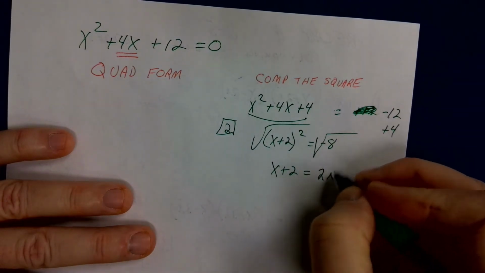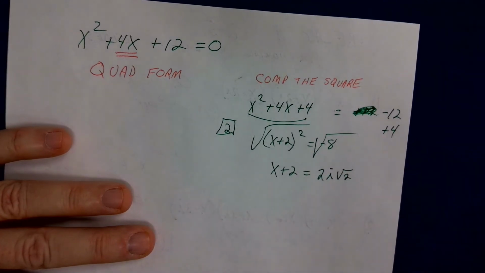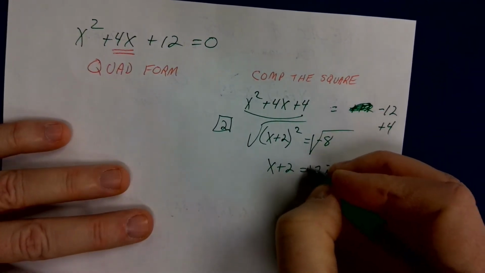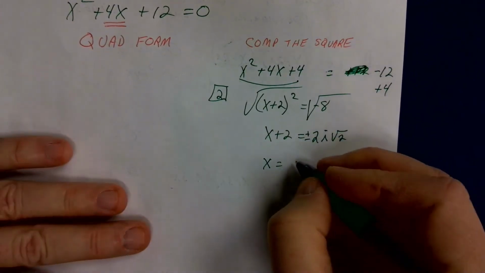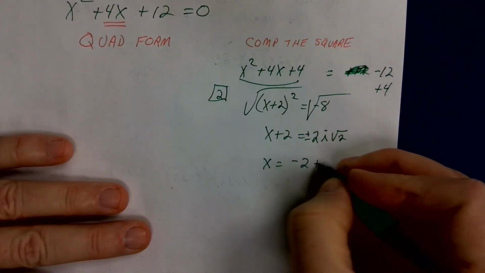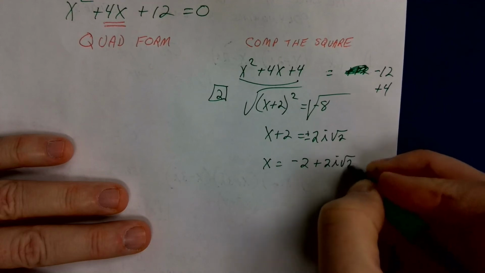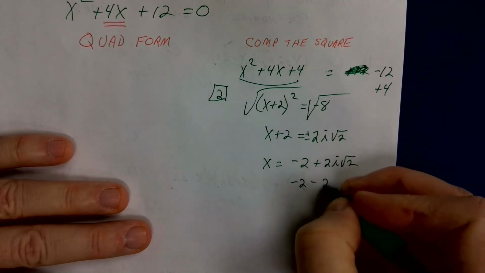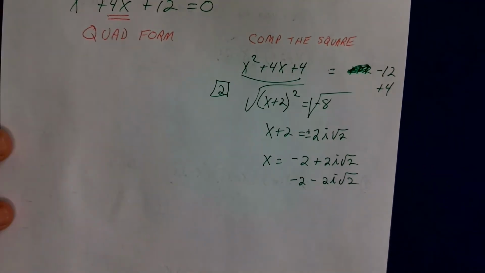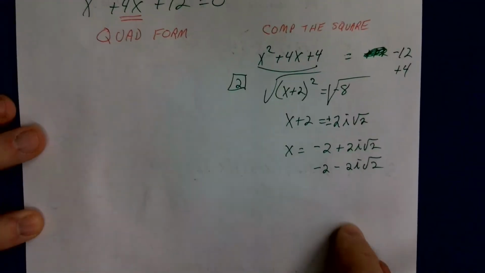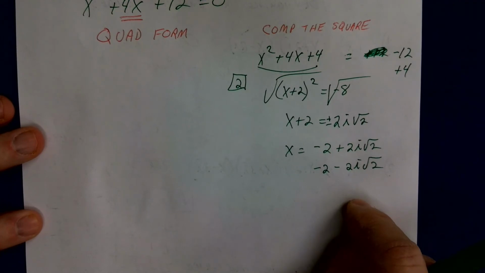So this is really 2i root 2 when I simplify, and it's a plus or a minus because I took the square root, which means my two zeros are negative 2 plus 2i root 2 and negative 2 minus 2i root 2. Okay? Now, I believe the quadratic formula is going to give me those same two things.